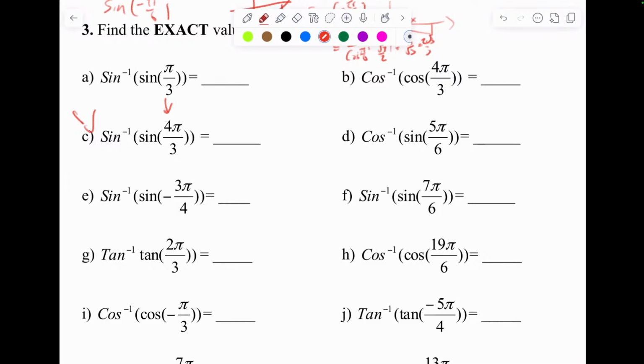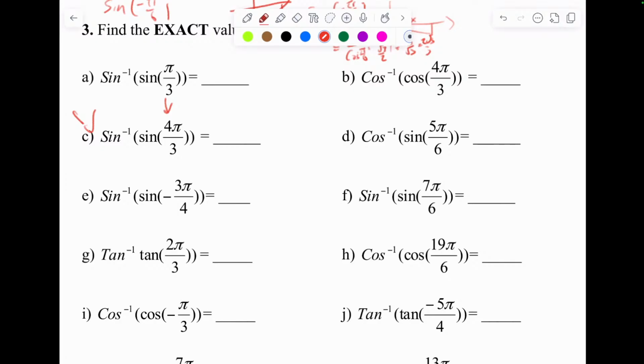Let me ask Sonali. The inside is c. Was that a negative root 2? Uh-huh.